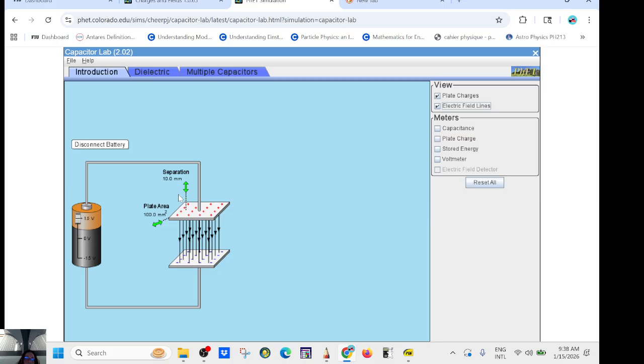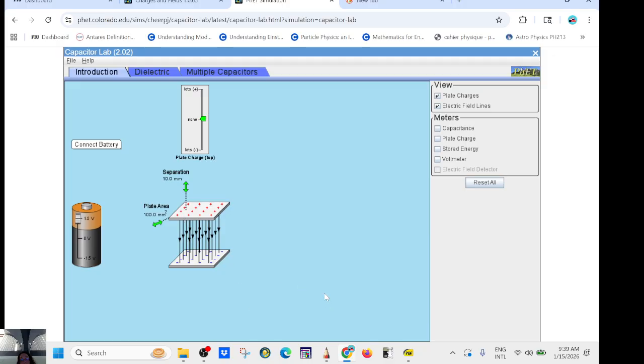Now you see here, I can disconnect the battery and it's holding the charge. Now you see these lines here are equally spaced. That means it's a uniform electric field. And we're going to see there is an equation for that.